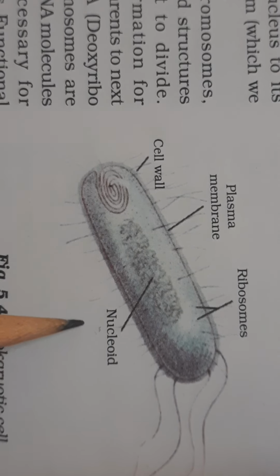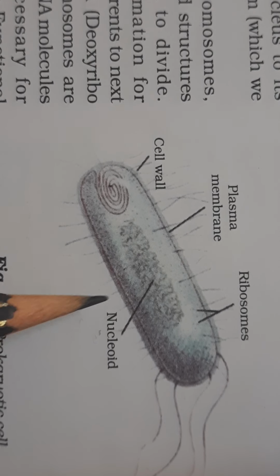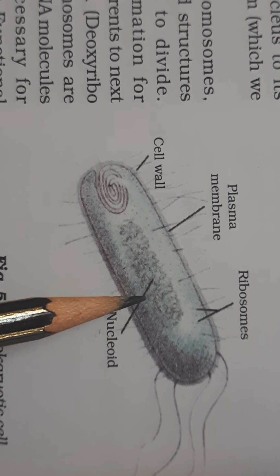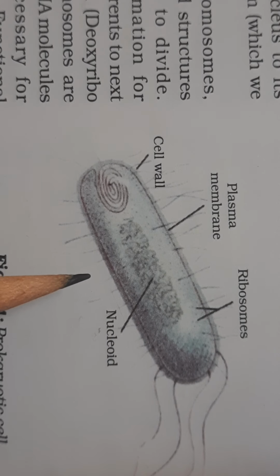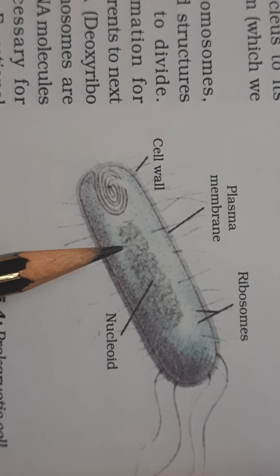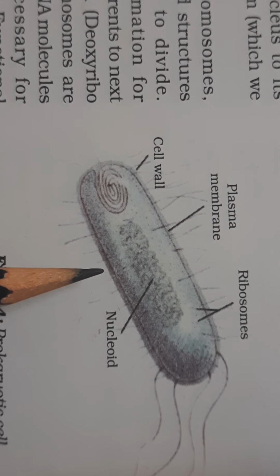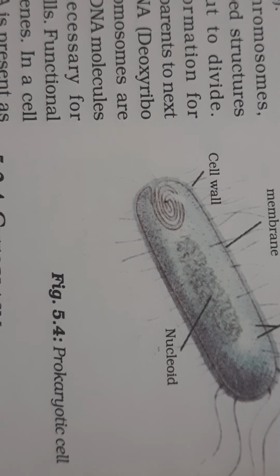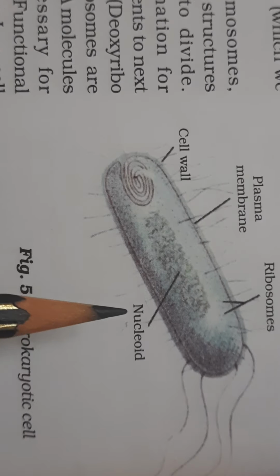Such organisms whose cells lack a nuclear membrane, that means you can see there is no nuclear membrane. In the previous video I told you that a nucleus has a nuclear membrane, but here there is no nuclear membrane. So these organisms whose cells lack a nuclear membrane are called prokaryotes. This is a prokaryotic cell.